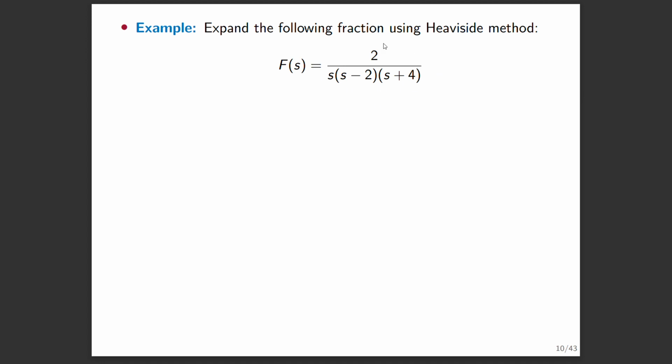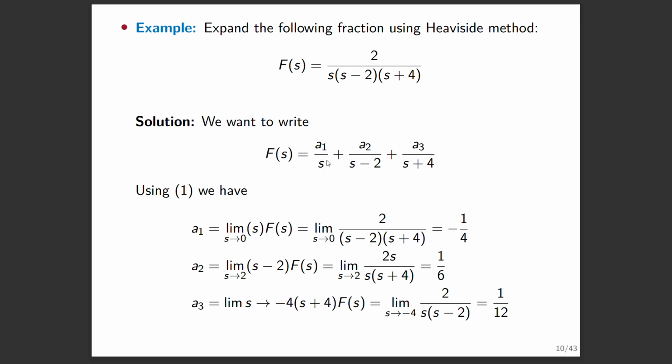So my guess is that there's a term with only s in the denominator, another with only s minus 2, and a third with s plus 4 in the denominator. I want to find these numerators, a1, a2, a3.